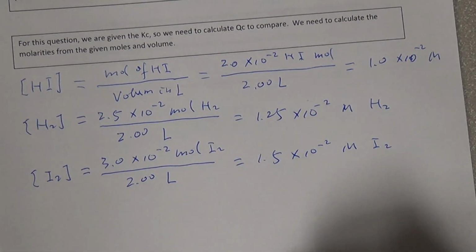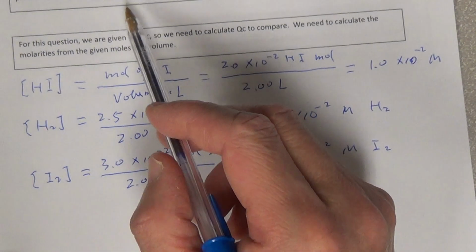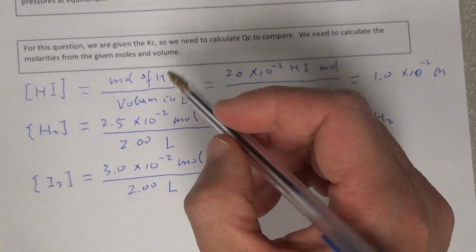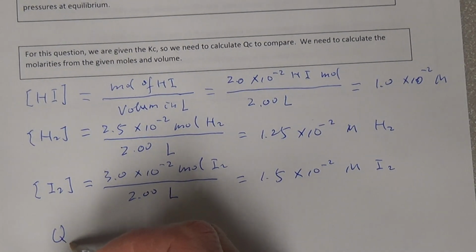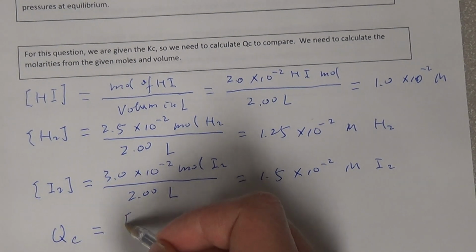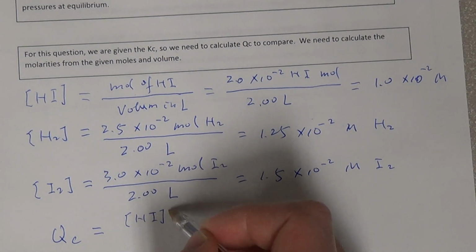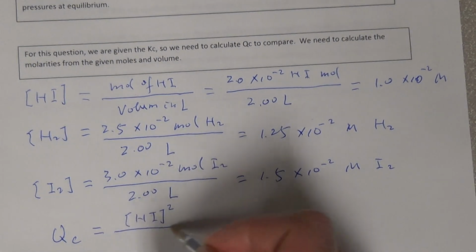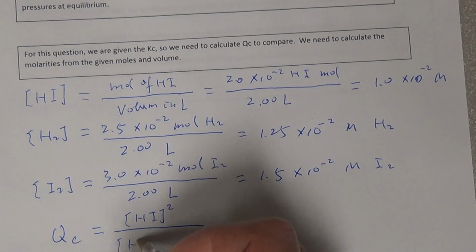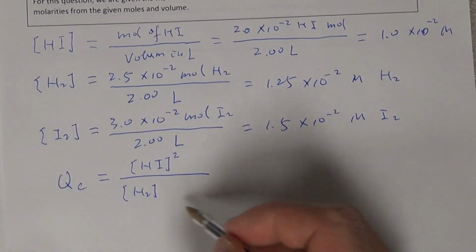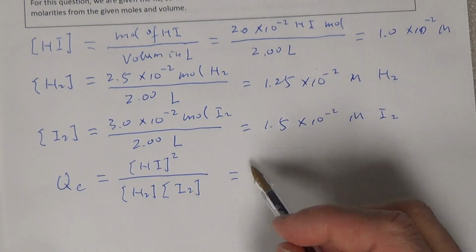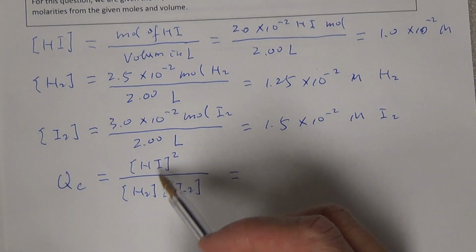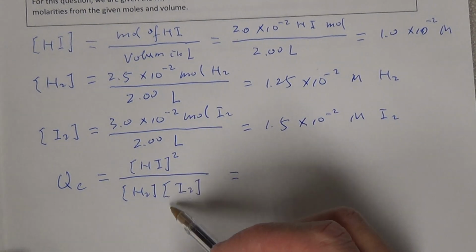Alright, we said that Q and K have the same expression. So for this problem, Qc equals the HI concentration, the product, on the top, divided by the concentration of H2, and then divided by the concentration of I2. We plug in the numbers for this mixture; we don't know whether it's at equilibrium or not.